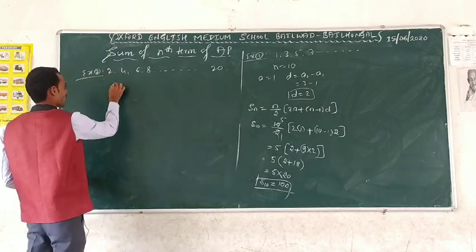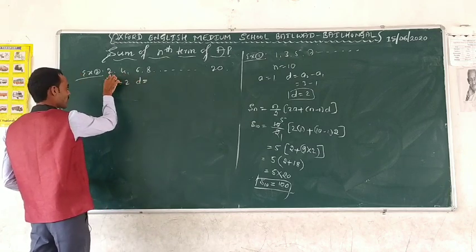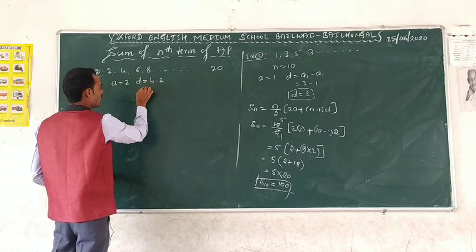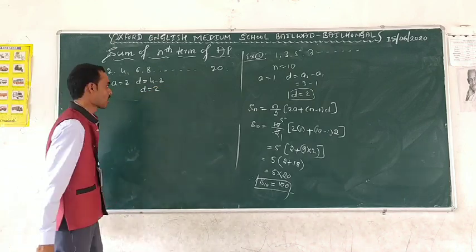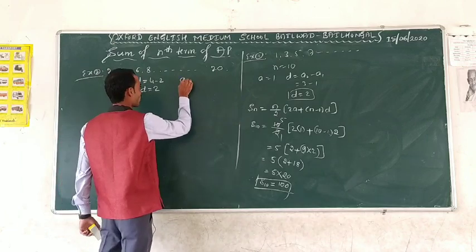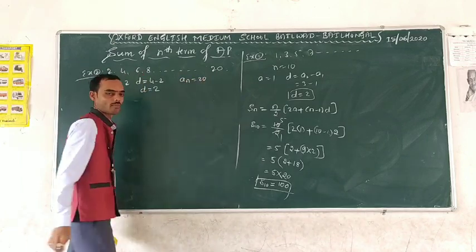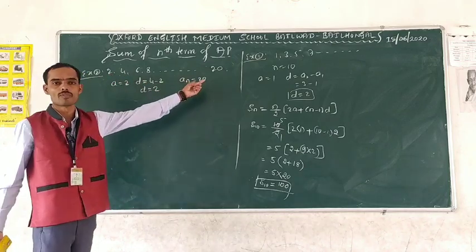From this, a is equal to 2, the first term, d is equal to a2 minus a1, 4 minus 2, so d is equal to 2. The last term is 20, an is equal to 20. The number of terms we do not know.